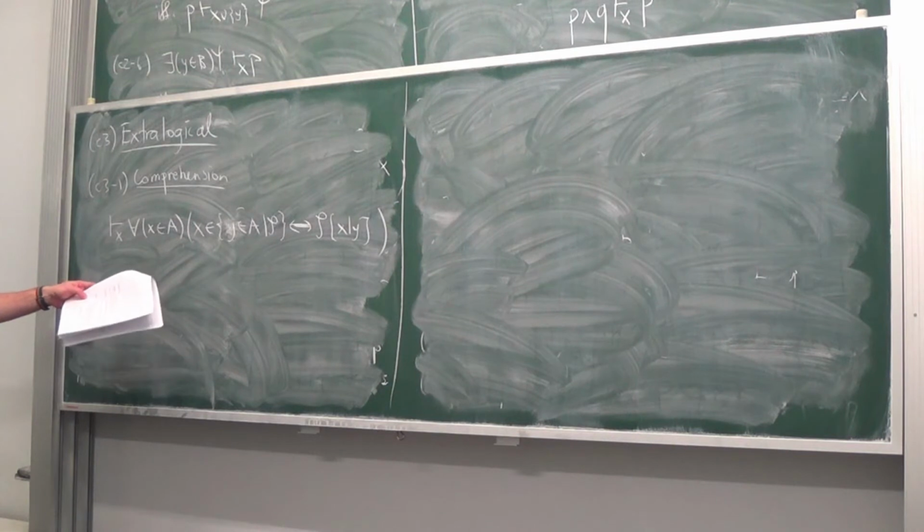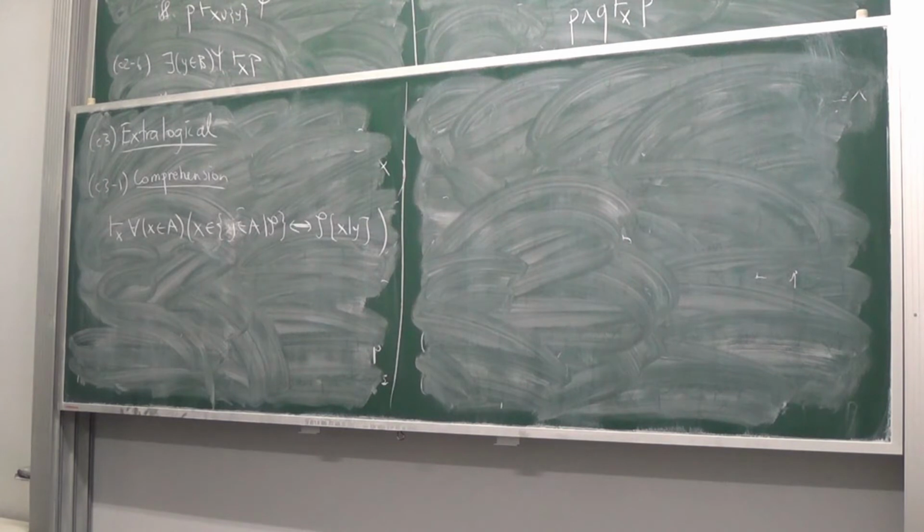I think so. You're checking whether x satisfies the rule phi when you substitute it for y. That's the condition for x being in it. Okay, so that's comprehension.